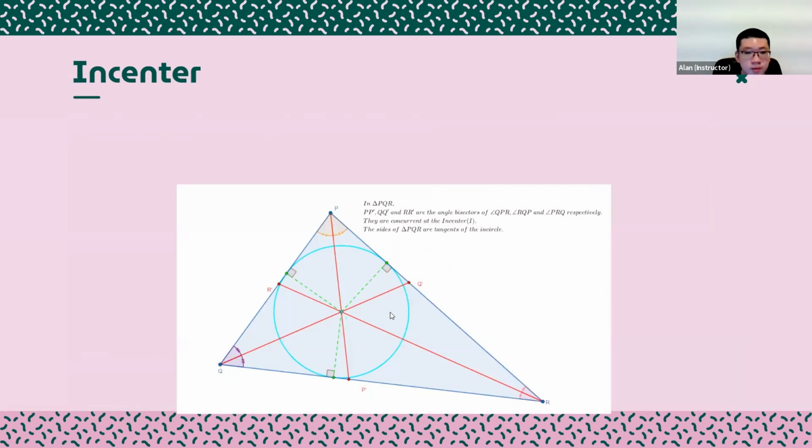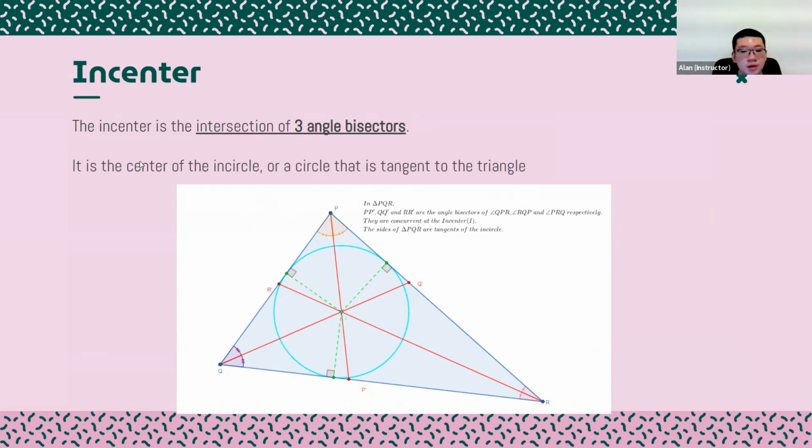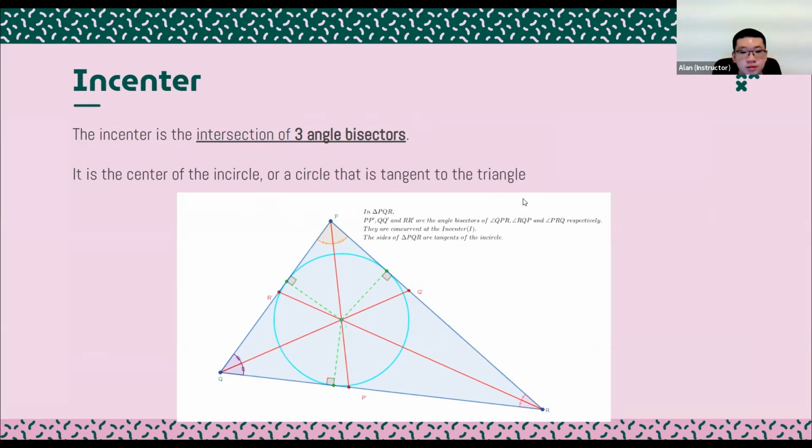All right, so now we're going to move on to the incenter. The incenter is formed by the intersection of the three angle bisectors, and it's the center of the incircle, the circle that is tangent to the triangle but inside it. In this picture, you can see there are three angle bisectors from Q, R, and P, and they intersect at the incenter.